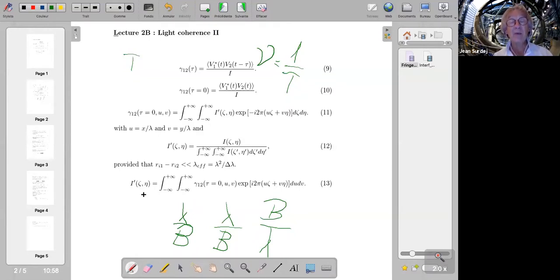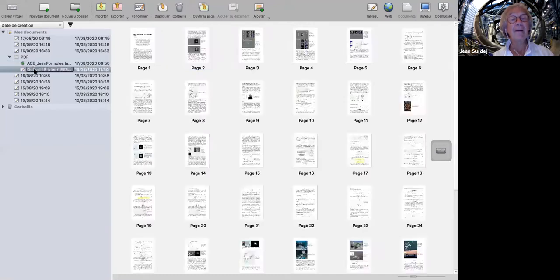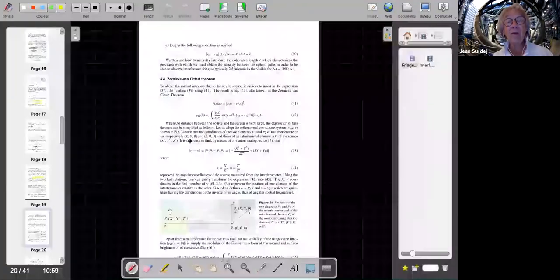And I think during the coming lectures, we will play with all these concepts of Fourier transform. I think I will just jump now to the previous set of slides.